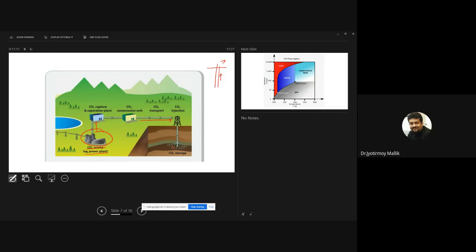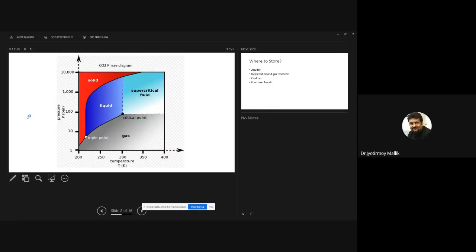It is hoped that it will stay there, where the gas or the oil was. So there is a void in which the carbon dioxide can nicely fit and stay. And by that process, you will omit the emission of carbon dioxide into the atmosphere, right? This is the whole concept.